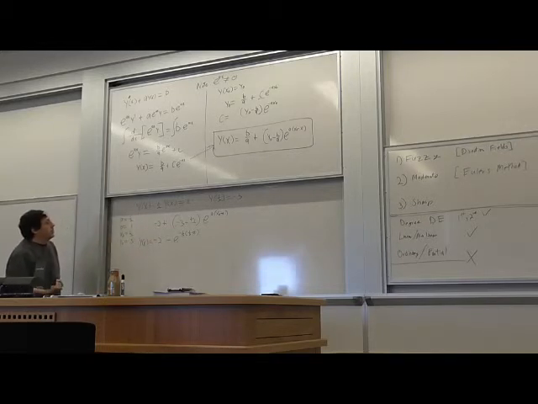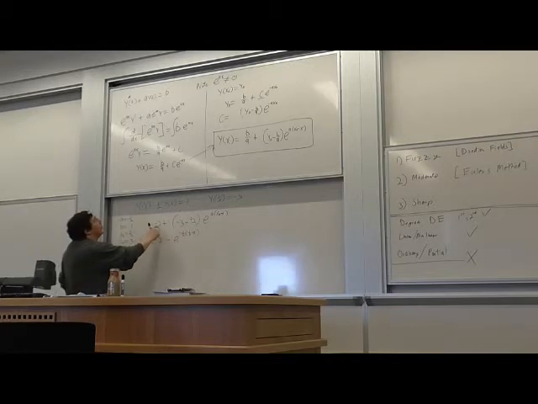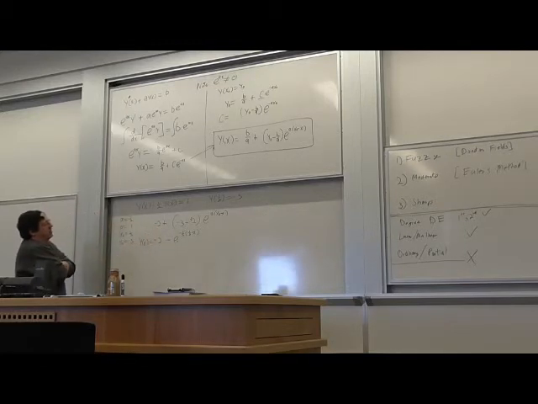Let's see. So if we plug in a half, this has to be -3. That works, because you have -2, and then... But the formula's not right.